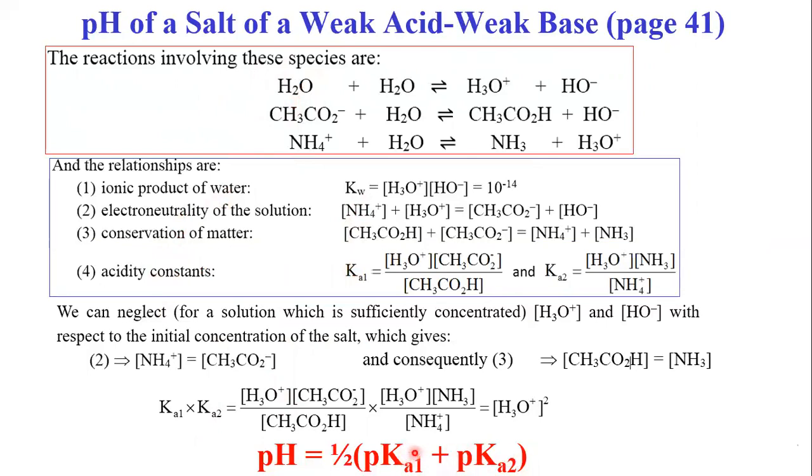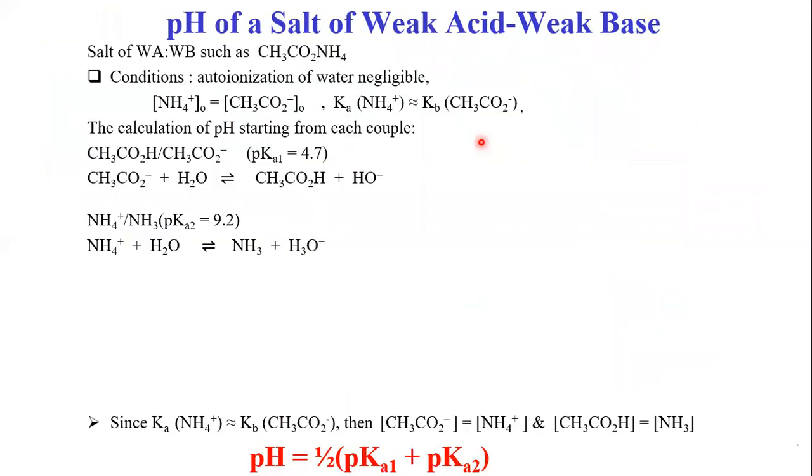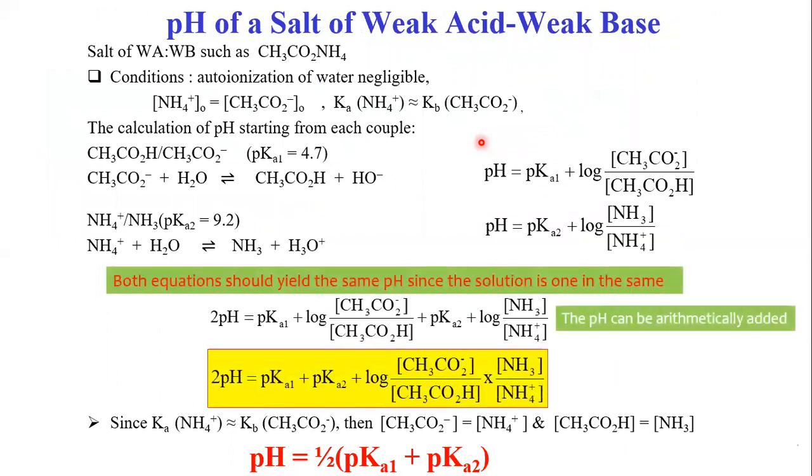And here pKa1 and pKa2 are for the Ka of one of the couples and the Ka of the second couple, because these are two different couples for two salts. This is not for the ampholyte solution. And again, I will go through this derivation for you, but for now, I just want you to use it. Whenever you have a salt, half pKa1 plus pKa2.